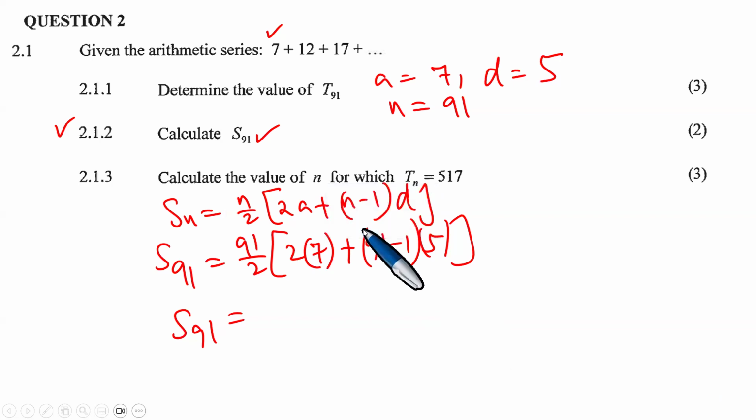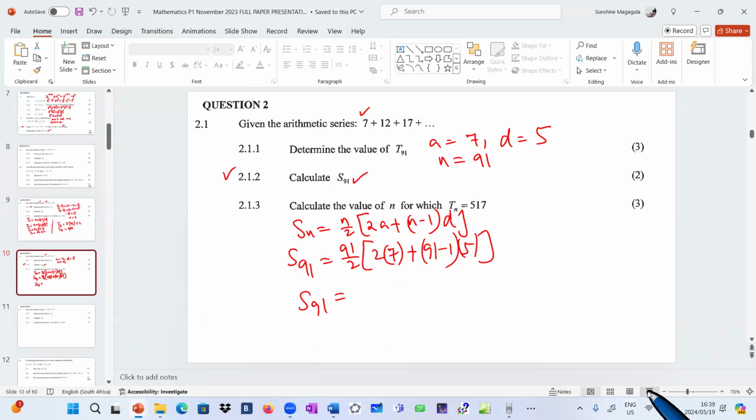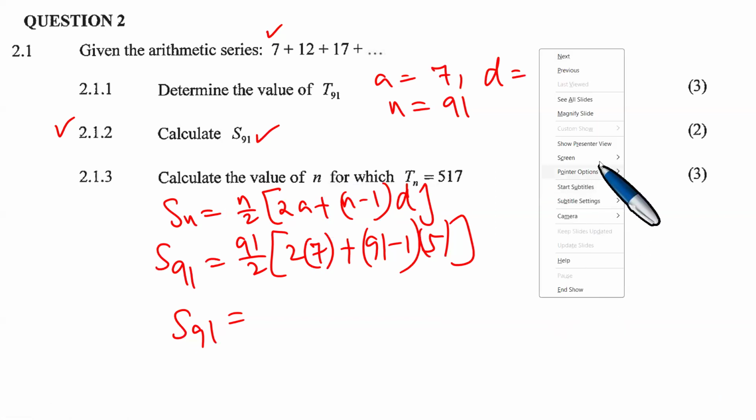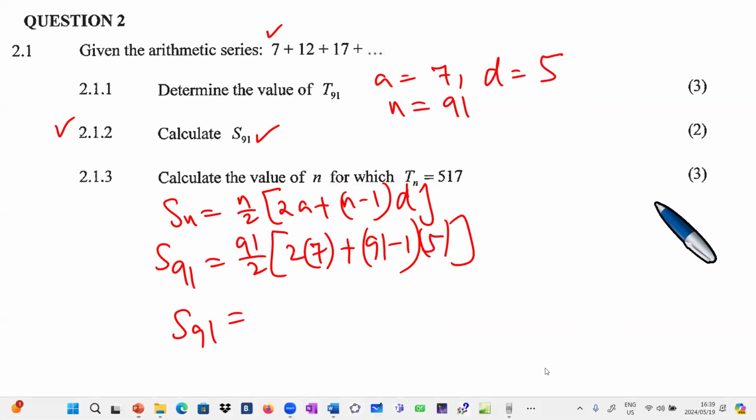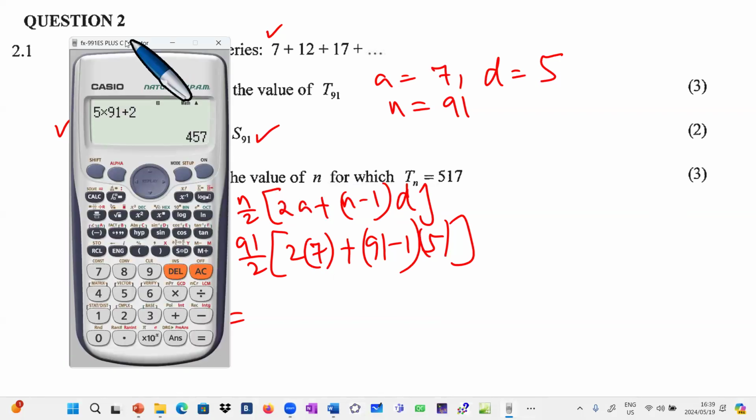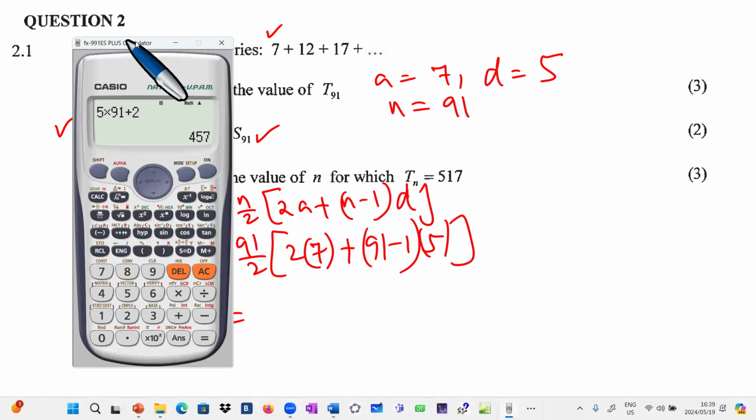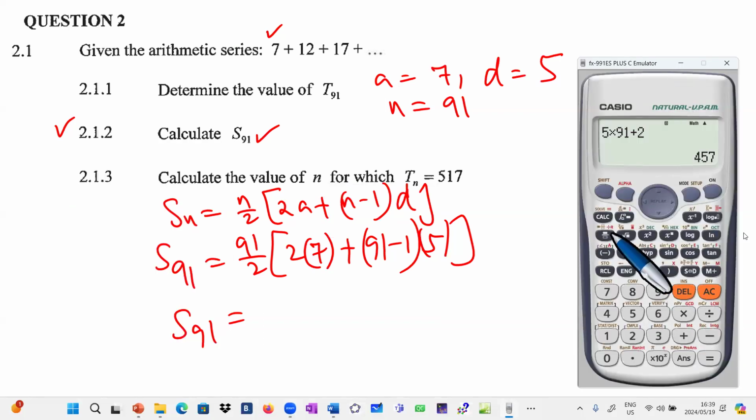So we bring our calculator, this one here. And what do we have? We have exactly 91 out of 2 times 7 plus 91 minus 1 times 5.